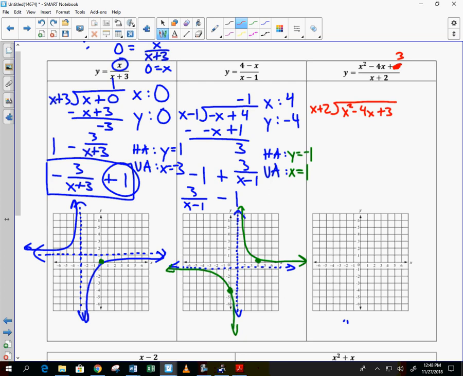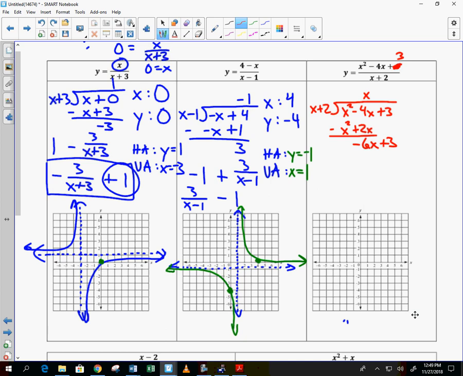What do you multiply x by to get x squared? X. Multiply that back through, and I get x squared plus 2x. Subtract. -4x minus 2x. Negative 6x, drop the 3.